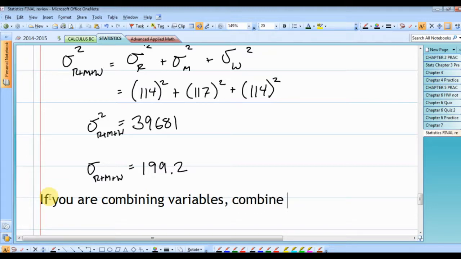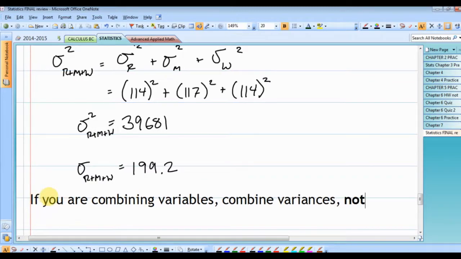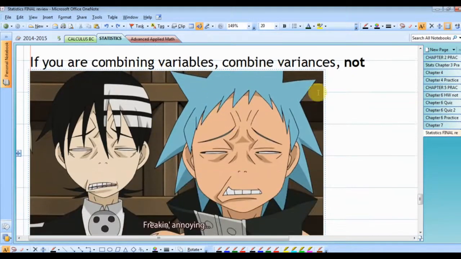Combine variances, not standard deviation.